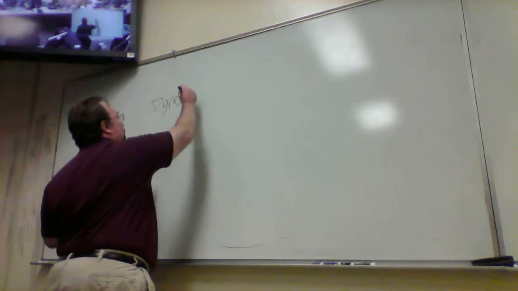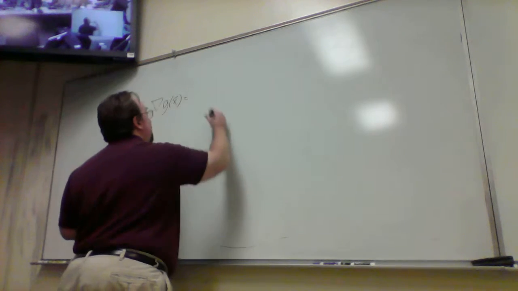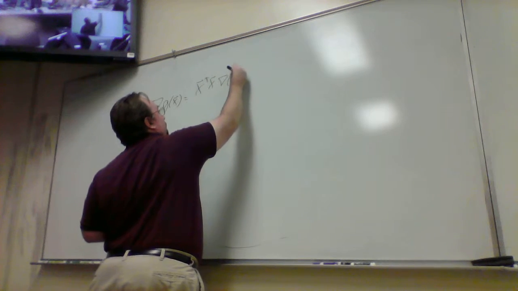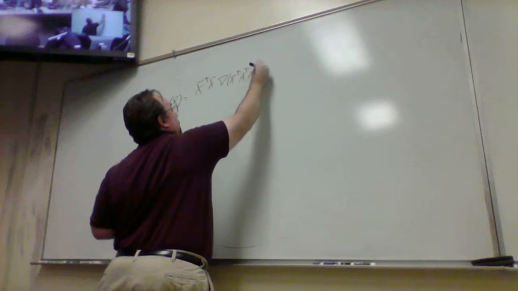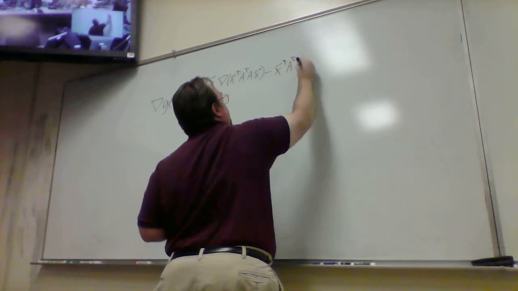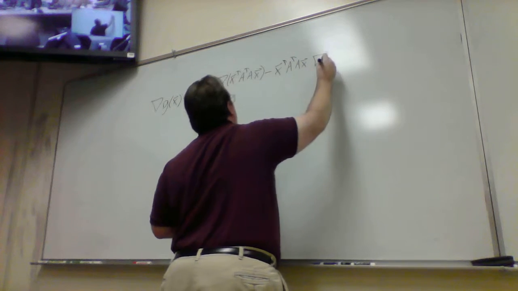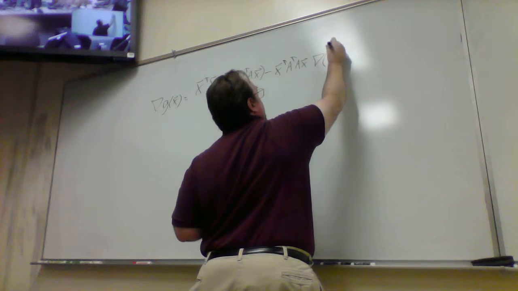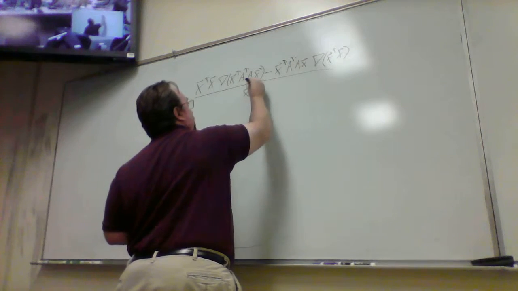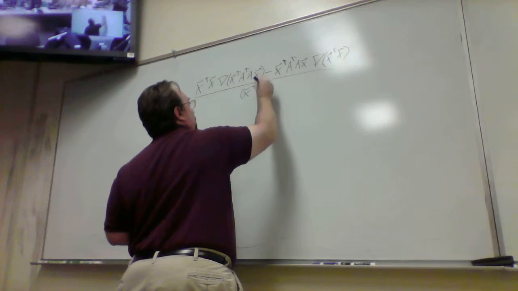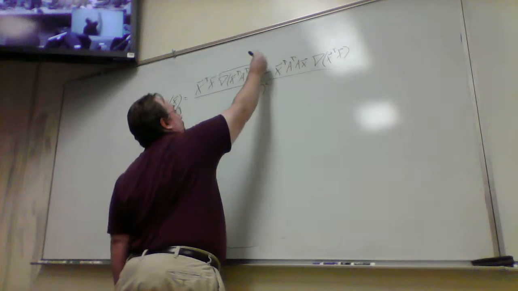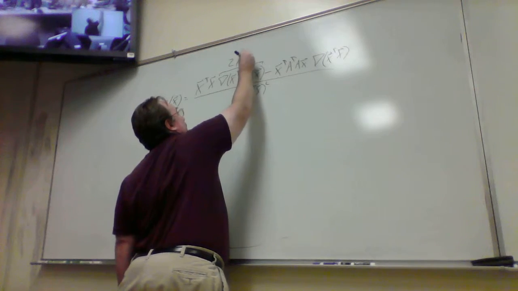So using the quotient rule, it's going to be x transpose x times the gradient of x transpose A transpose A x, minus x transpose A x times the gradient of x transpose x, all over x transpose x squared.